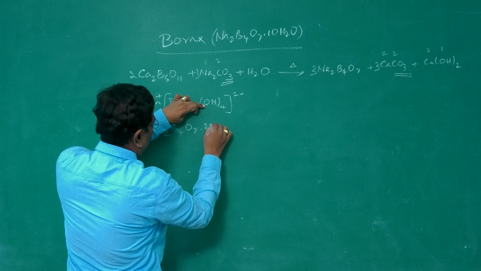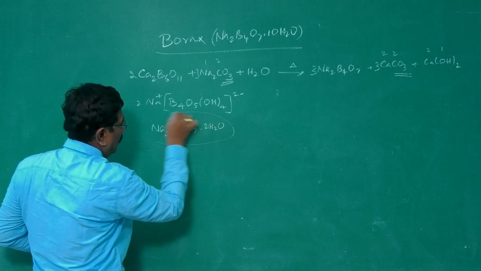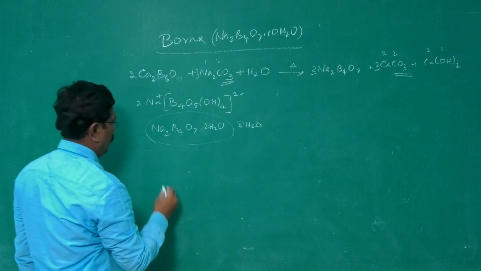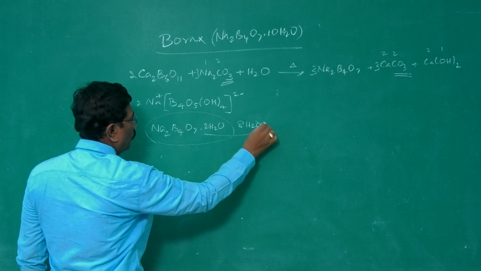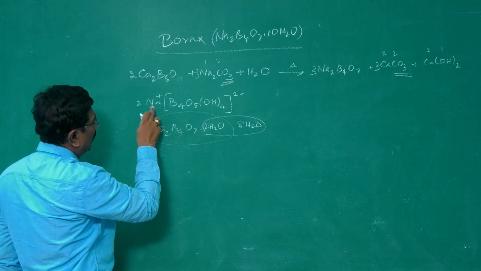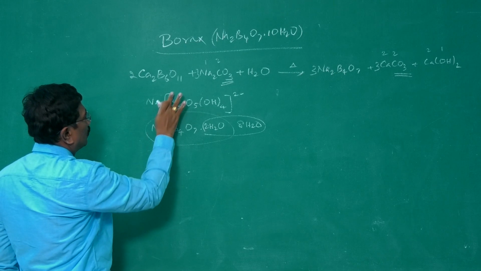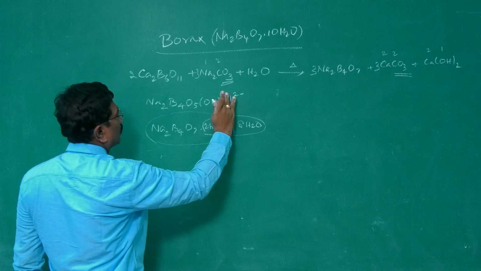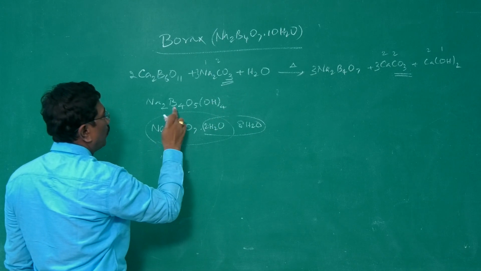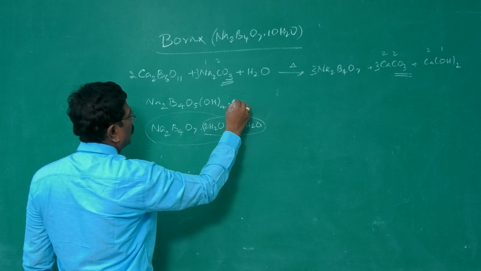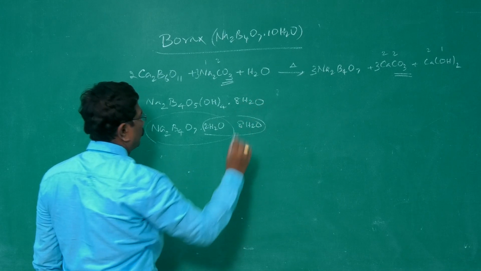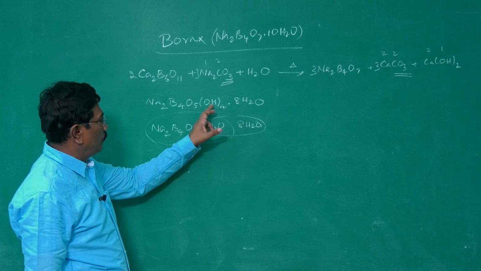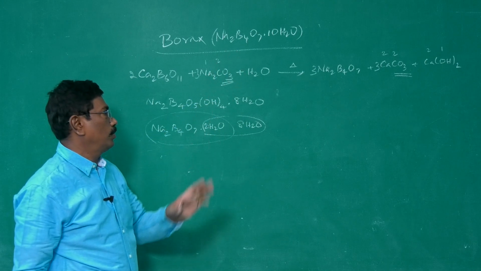So 2H2O is bonded here plus 8H2O, that we write as 10H2O. Na2B4O7·10H2O it can be written, or Na2[B4O5(OH)4]·8H2O. Both are correct. If 2 water molecules from here are taken out, it will become 10H2O.